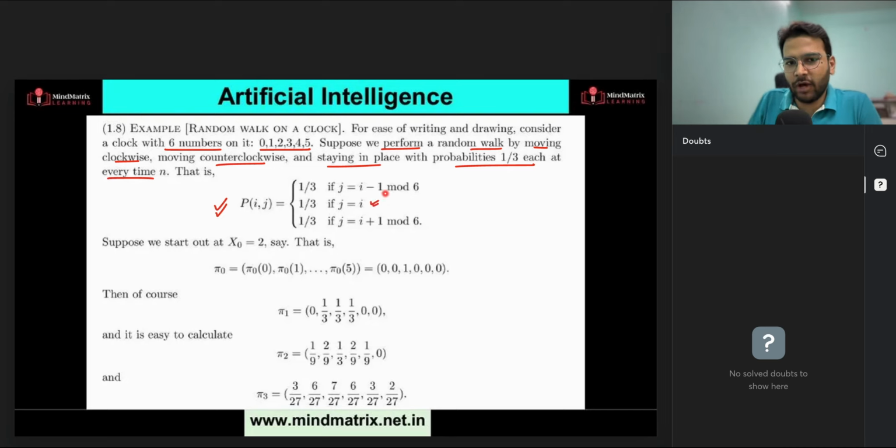If you are moving in the anti-clockwise direction, then this is applicable. If you are moving in the clockwise direction, then this is applicable, right? And if you are staying at the same state, when j is equal to i, then also the probability is 1 by 3. So can I say that the transition matrix can also be written in this way, as this distribution? Yes or no?